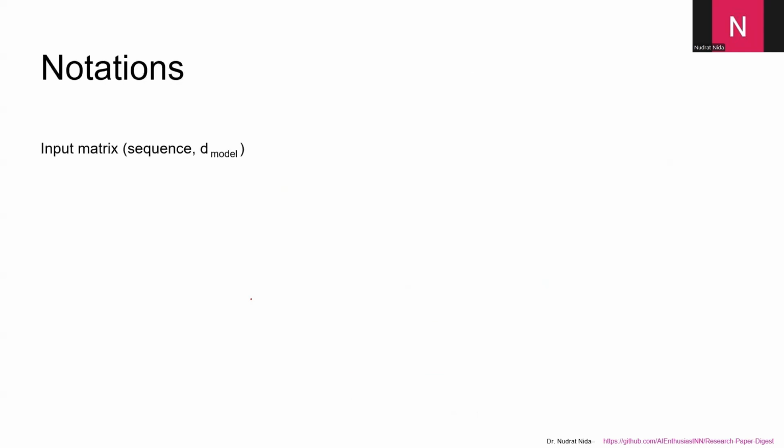So first of all, before understanding the paper, let's see the notation we are going to use in the entire sequence. For example, we have a matrix with dimensions: the sequence length is 6 and d_model is 512.